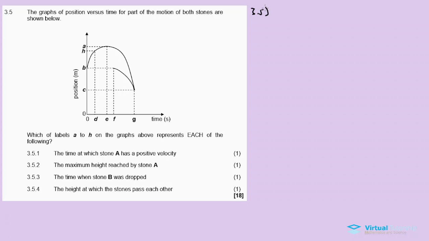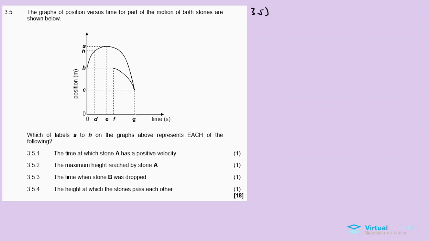Sakhuluma ngala ma stones wethu, the graphs of position versus time for part of the motion of both stones are shown below. This is the position, the y-axis, and then the x-axis is time. Which of labels A to H of the graphs above represents each of the following?